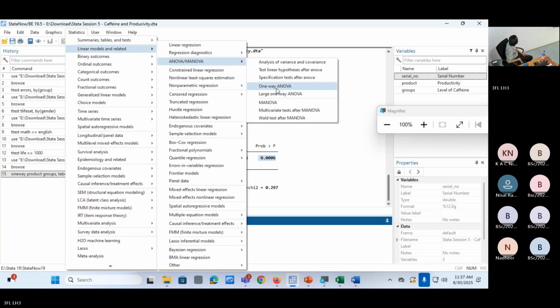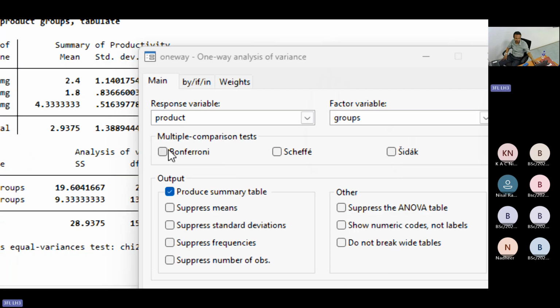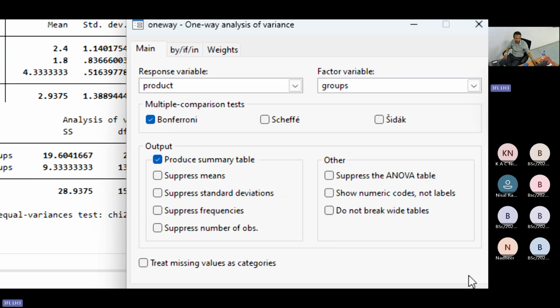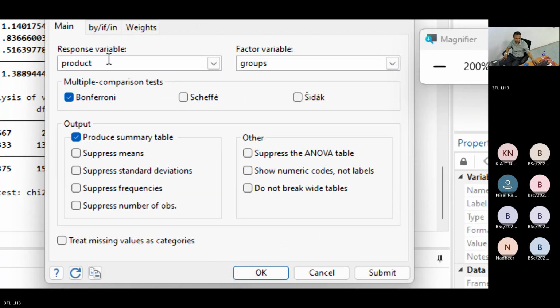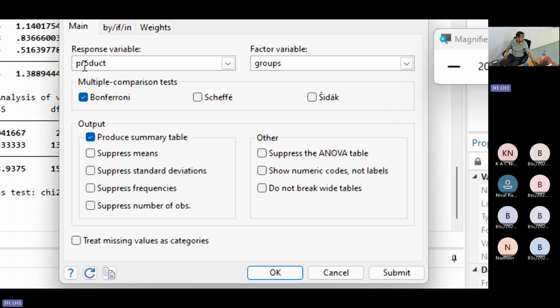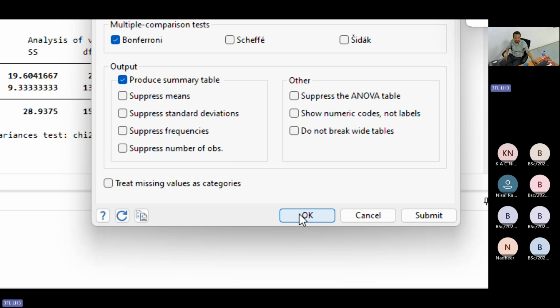And here you can see there is an option for one pair. Others are the same. Product is selected, groups are selected, one pair, and you have to press OK.